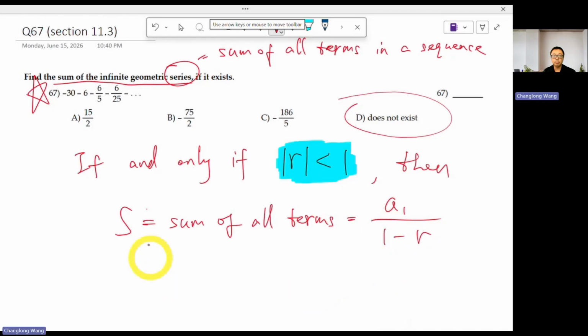Okay. So we have A1, right? So A1 is negative 30. R is, again, A2 over A1. So that'll be negative 6 over negative 30, right? So that'll be 1/5.